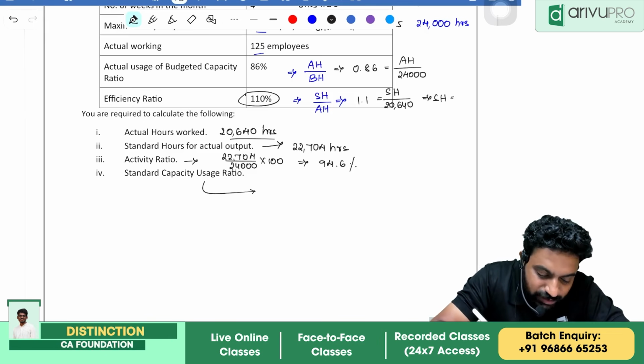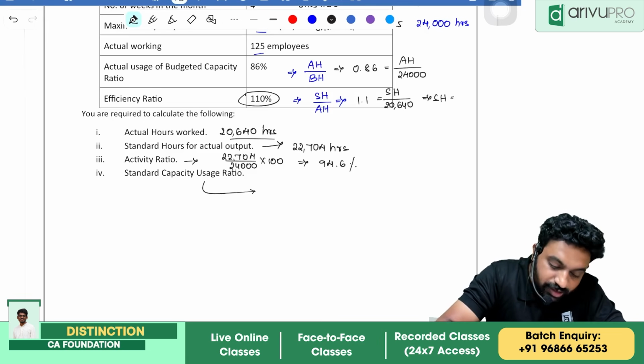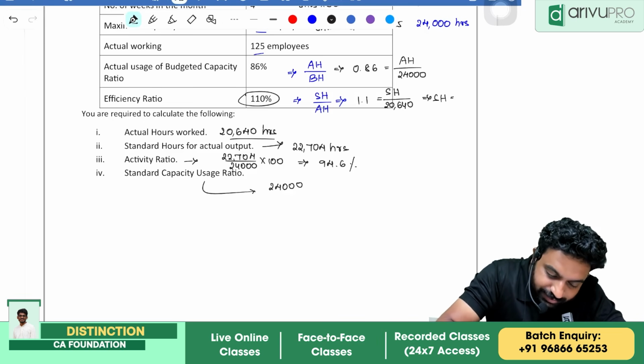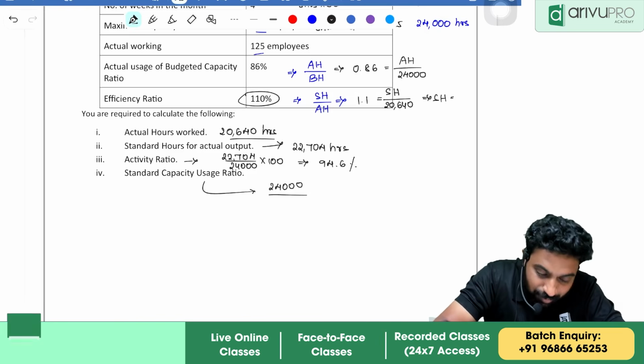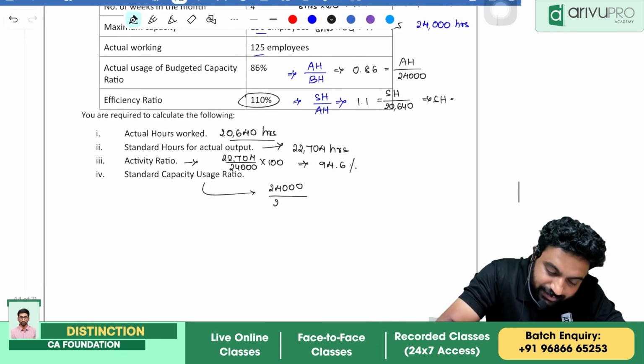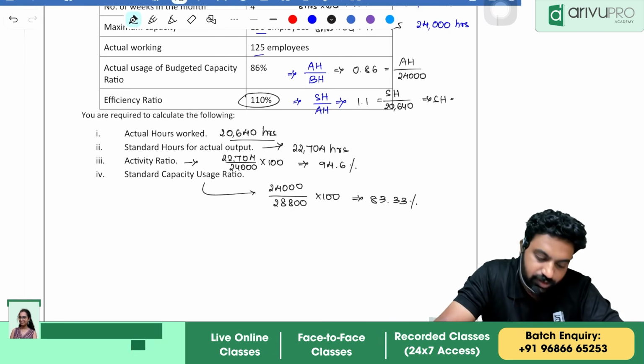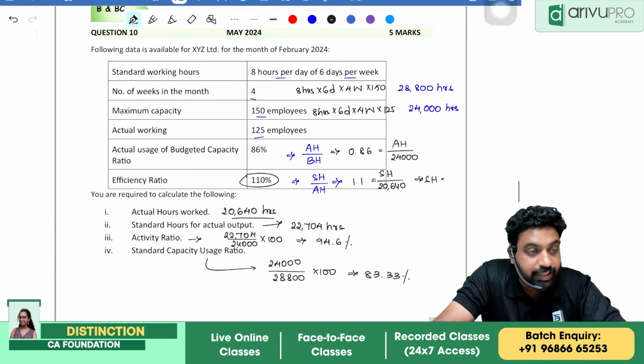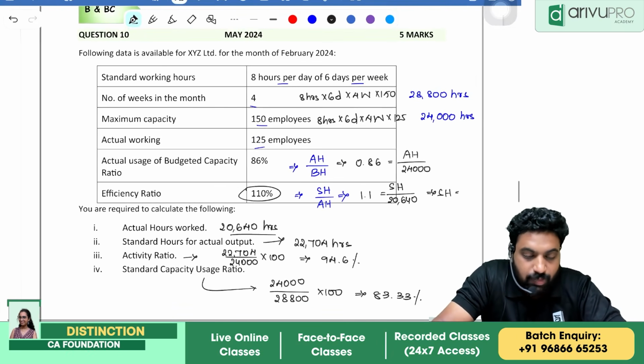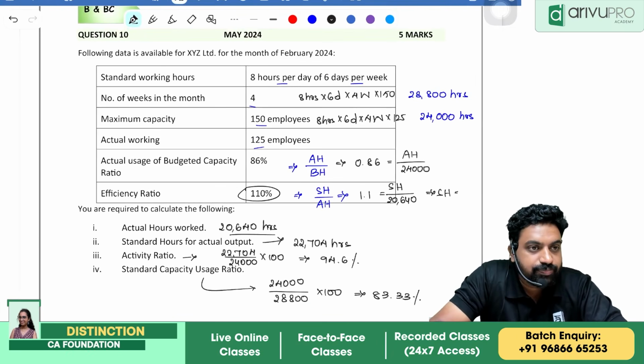Standard capacity usage ratio: budgeted hours, 24,000, divided by maximum possible hours. Simple. Anyone, any doubt in this? Mark it as homework.